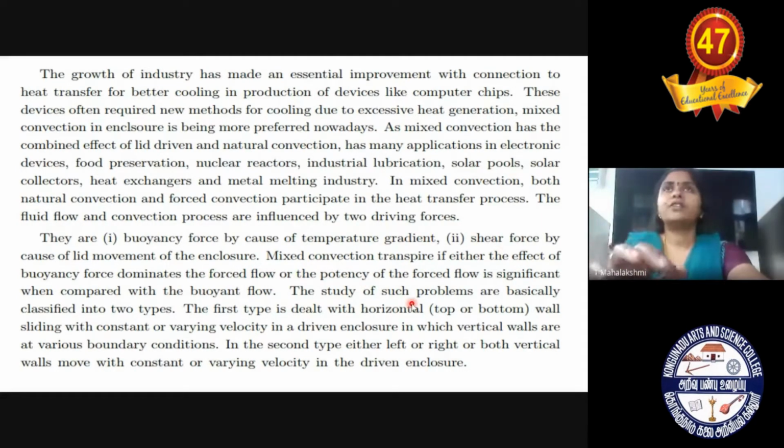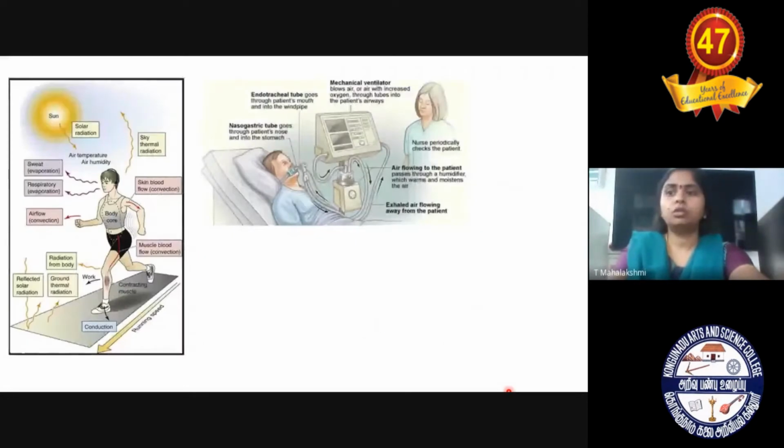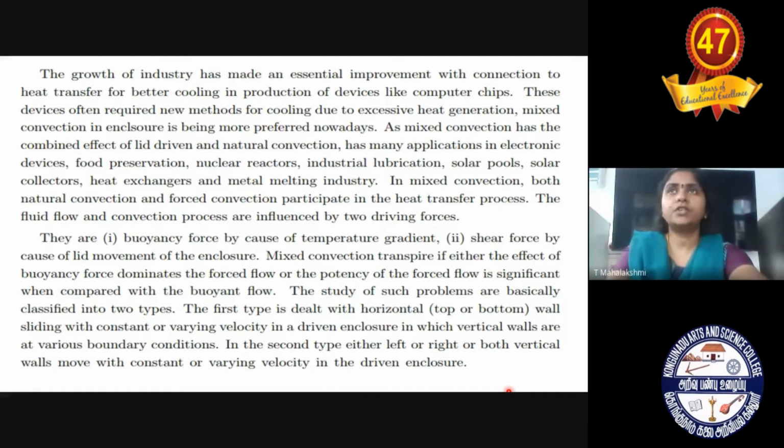So if we consider the square enclosure, we can move with either the vertical wall movement or horizontal wall movement. So in two types of mixed convection, we can have the heat transfer analysis.